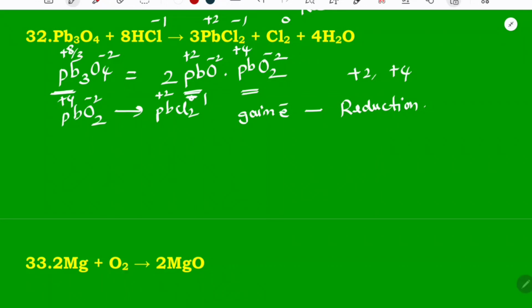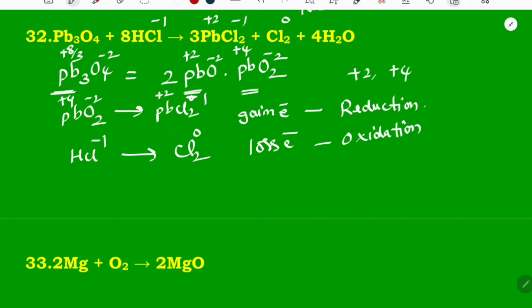you can observe here, in the HCl, this is -1. Cl is converting to Cl2, here 0. -1 to 0 means what takes place? Loss of electrons takes place. So this is oxidation.